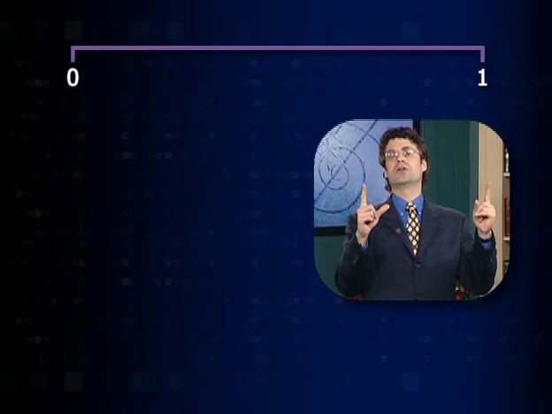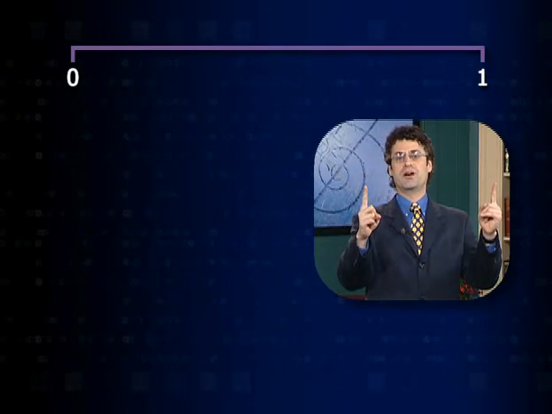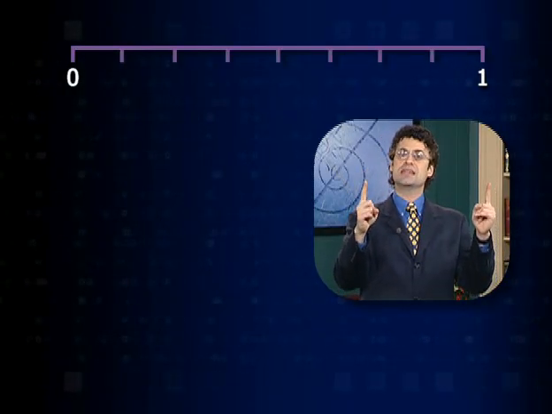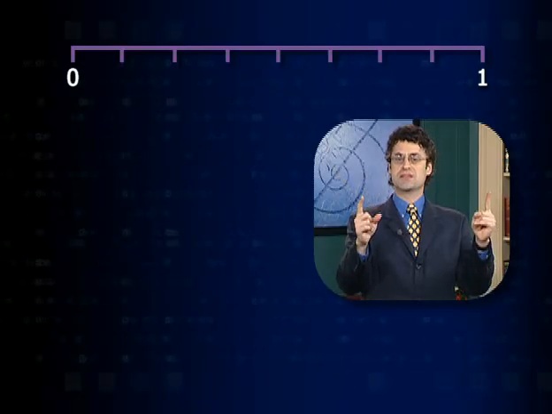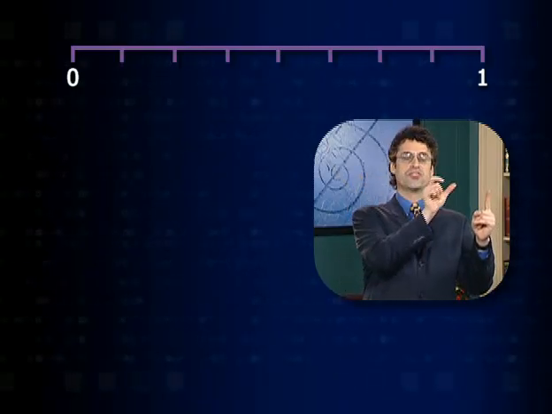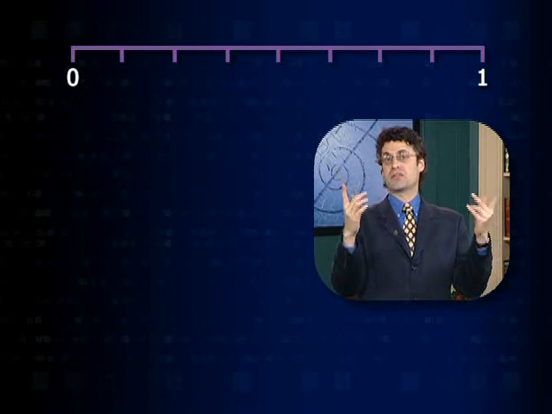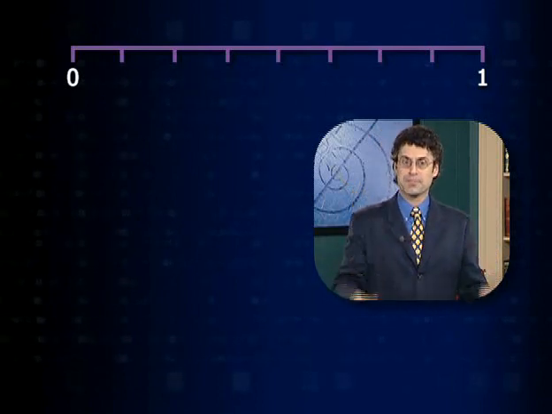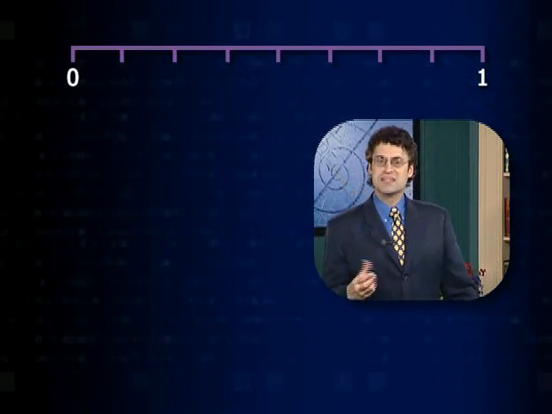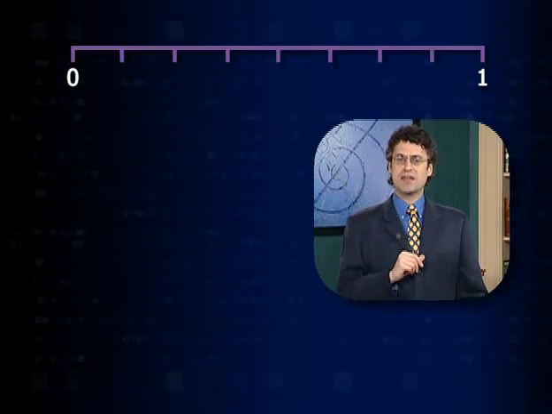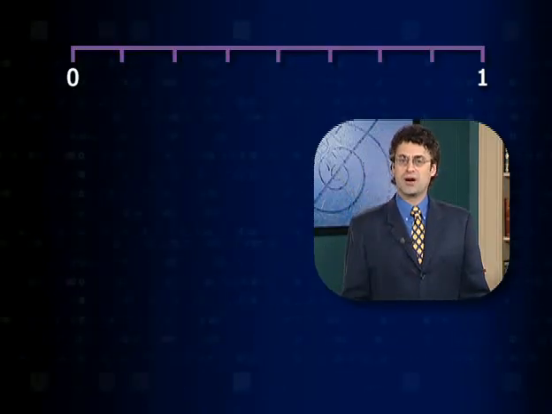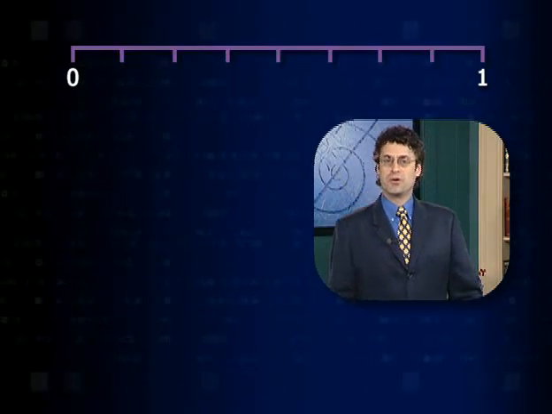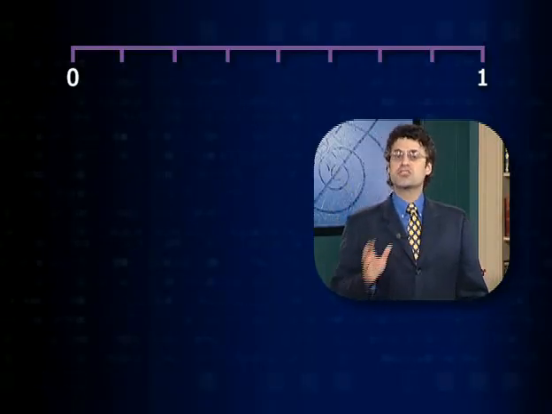Well, first, we cut up the interval from 0 to 1. So imagine the interval from 0 to 1, and we cut it up into 8 equal-length pieces. So we have 8 subintervals, and each would have length, therefore, 1/8. Okay, well, notice that if we had 9 points in the interval from 0 to 1, then by the pigeonhole principle, we would know that at least 2 of them would be in the same 1/8-length interval.